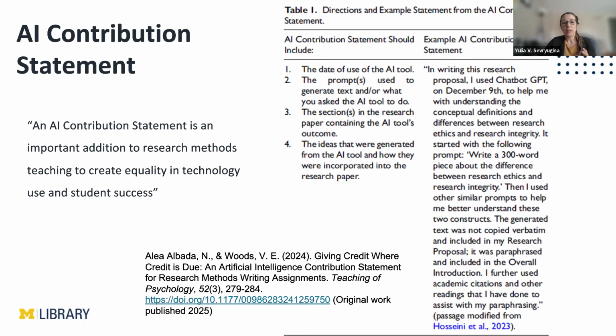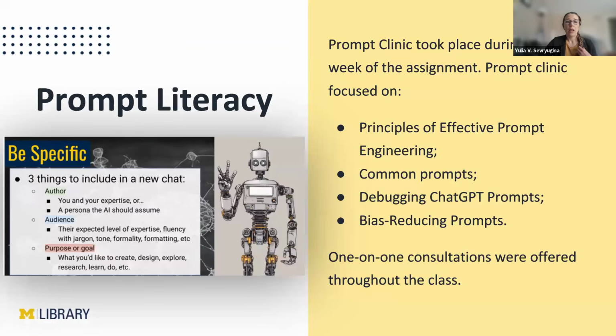For our own class, I referred them to this article from Alia Albada and Woods that suggested a nice statement for AI contribution statements. So if we use AI, these are the details that would be important to know. And it was a suggestion to students to use those statements when they prepared their essays.